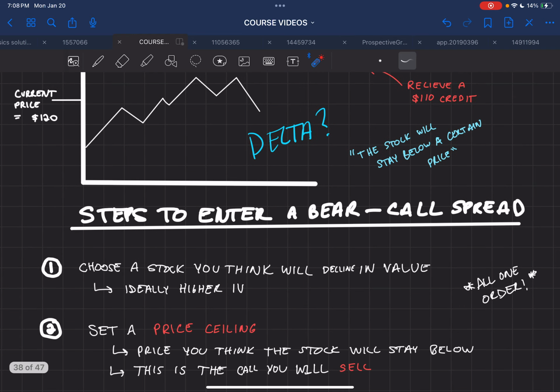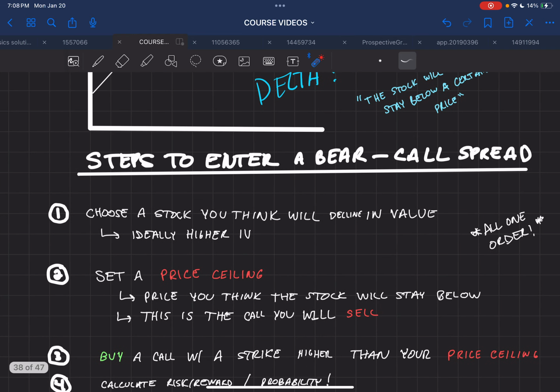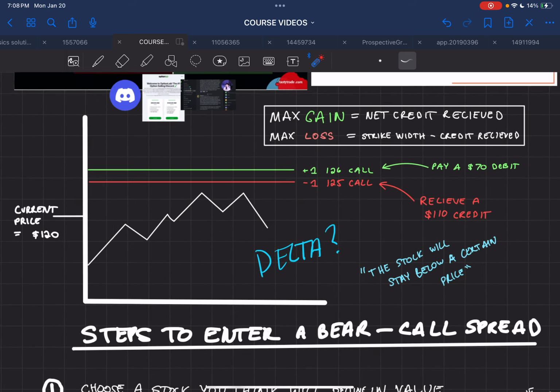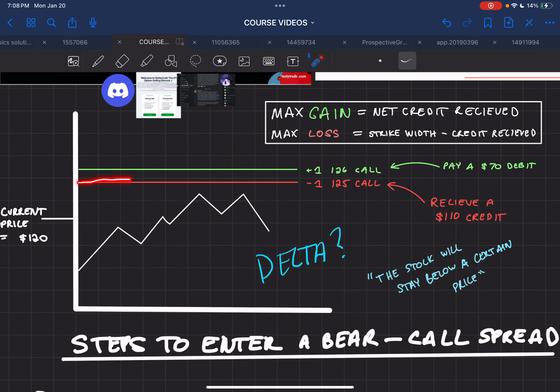So we now have step 1 checked. Next, we're going to set our price ceiling. This is the price we think the stock will stay below. So in this case, I chose the 125 call, and as you can see here, that's the call that's -1, right? It's the one we're selling to open.